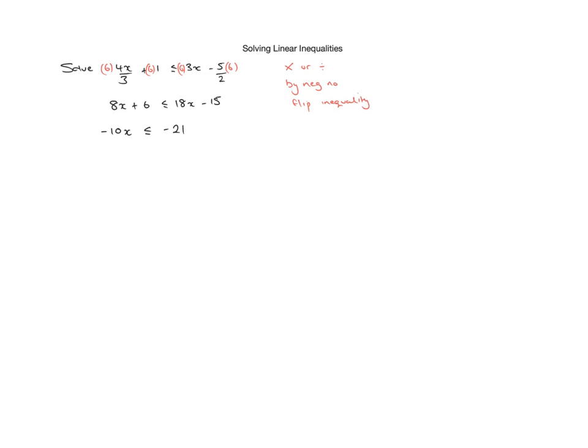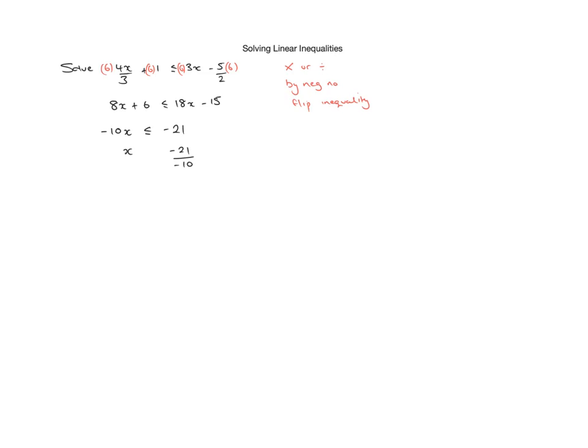Now, what you see here is I've got minus 10x is less than or equal to minus 21, which means that I need to get rid of this minus 10 here. So I need to divide by minus 10. Well, that's not too much of a tricky thing to do. So I've got x is equal to, oh, sorry, I'll come to the sign in a second, minus 21 over minus 10 here.